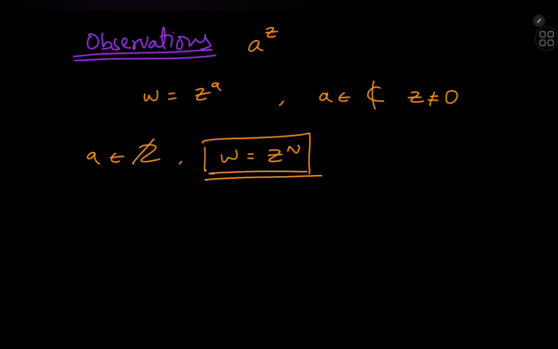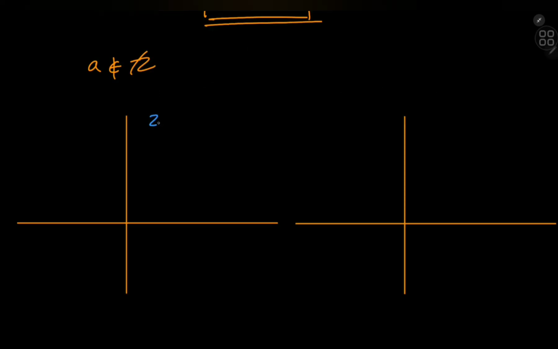The problem arises when a is not an integer, and we can visualize this using complex planes. So our friends, the z plane and the w plane, are back.